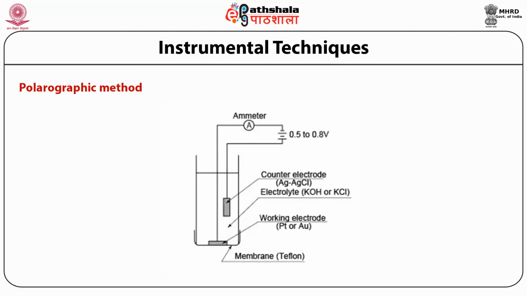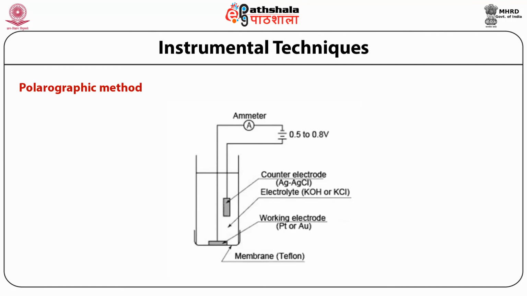Now the second method is the polarographic method. The sensor construction is almost the same as that of the galvanic cell method. The counter electrode is silver chloride and the working electrode is gold or platinum.